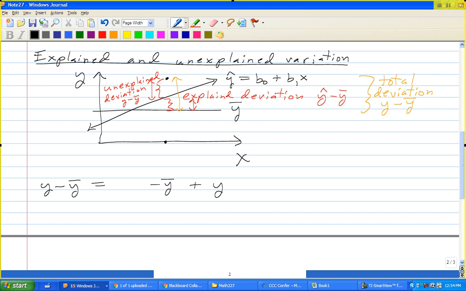And I'll write that as, let me add and subtract the estimate.